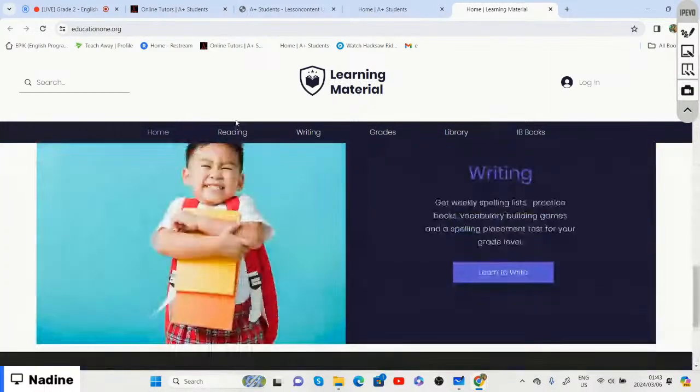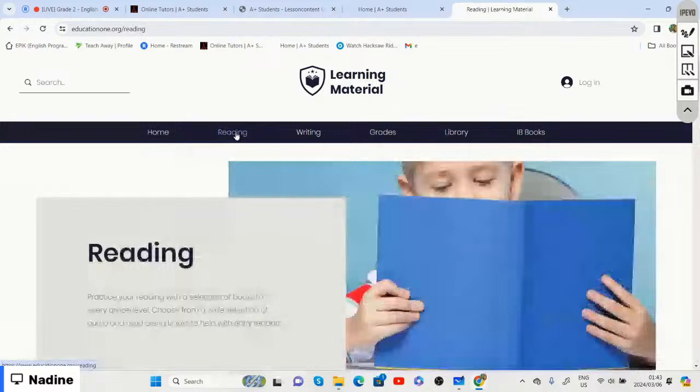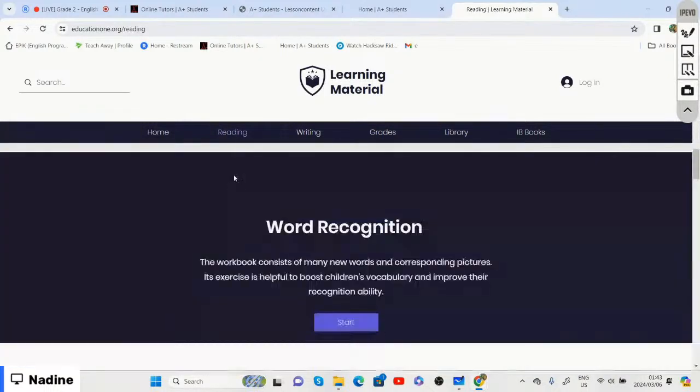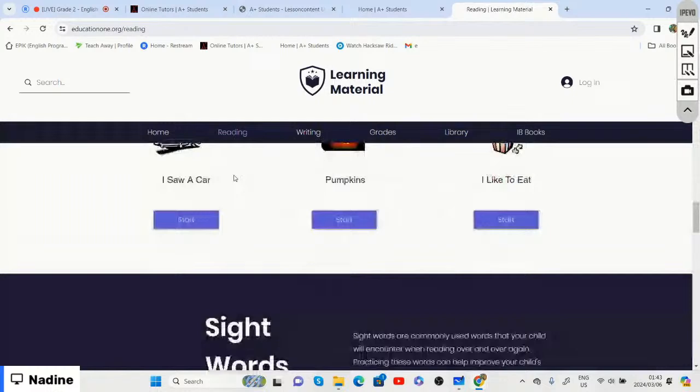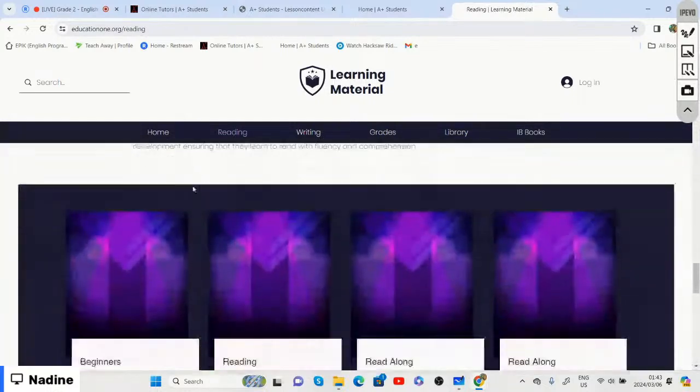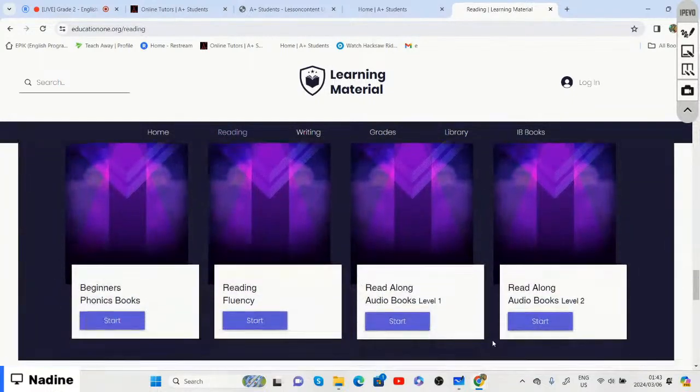We're going to reading, sorry. Once we are in reading, we are going to scroll right down until we get to the four purple boxes.